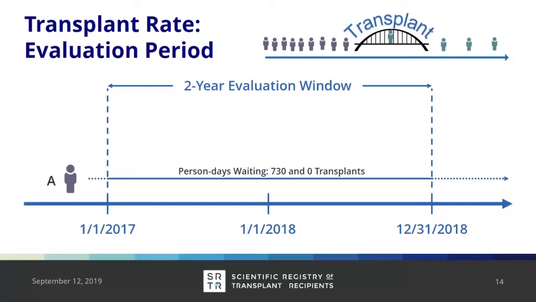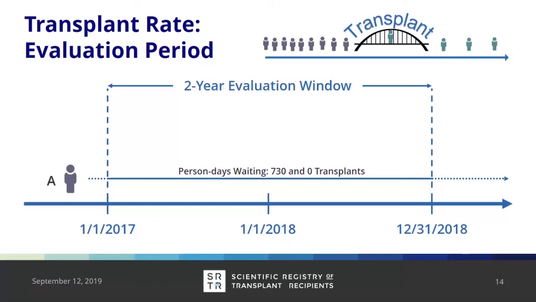So the way we would do this calculation would be to say that this person contributed 730 days, okay? That 730 days is going to go into the denominator of the rate calculation, and I'll show you exactly how that happens. And this person would count as 0 transplants. This person was not transplanted in the window.